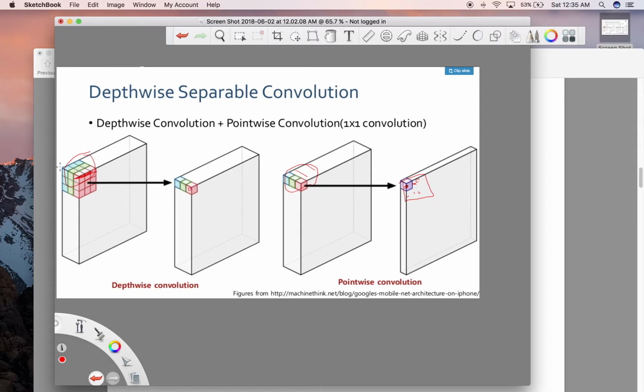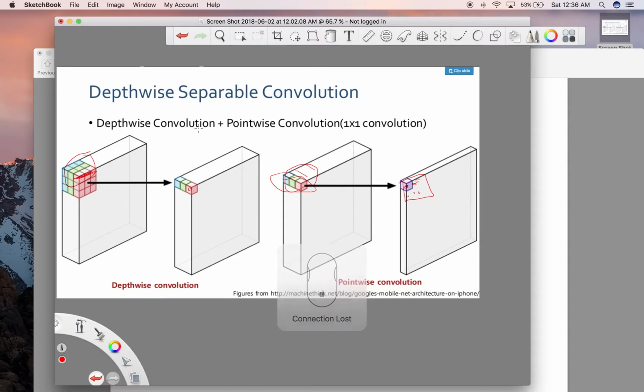There's no intercorrelation between these, but after I've done one pointwise, this 1 pixel encodes all of the information in the depth. So I'll go over this more in another video, but this is a point that I really missed the first time I read this paper.